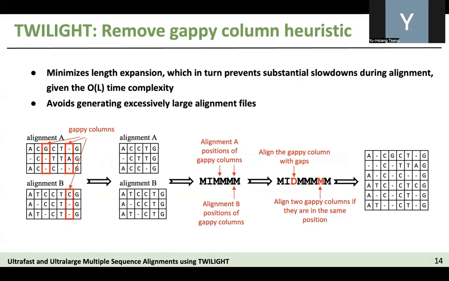To overcome this issue, we remove the gappy columns, which are columns that consist of more than a certain threshold of gaps, before the alignment, and we can therefore reduce the length that will proceed to the alignment step. This can avoid a substantial slowdown during the alignment step.